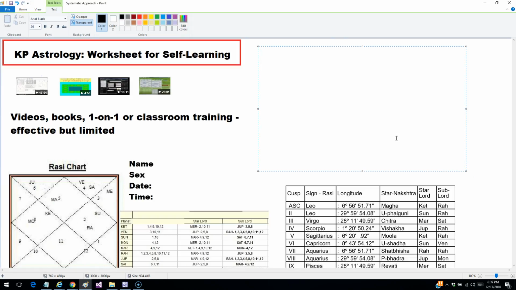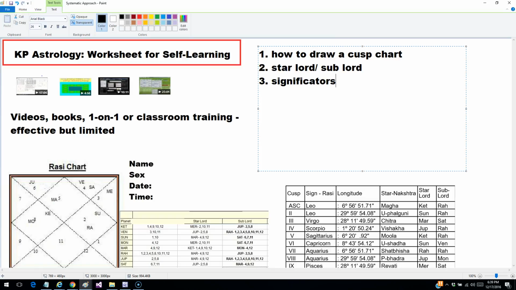Some are like how to draw a cusp chart, then you have star lord, sub lord, significators.